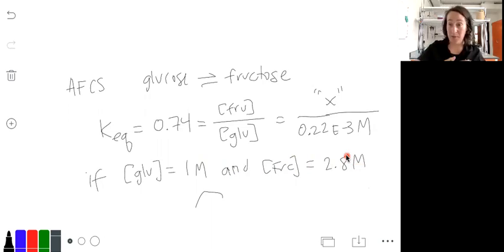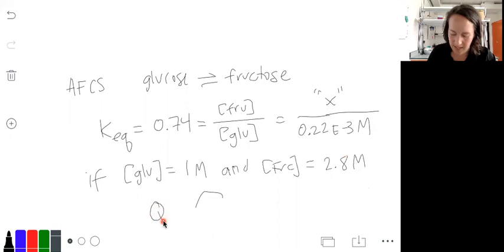So that would be, would the forward reaction be favored or the reverse reaction be favored? So this is an example where 1 molar and 2.8 molar are giving us a snapshot in time of that reaction. So we must calculate what is the Q for that and then compare it to the KEQ.